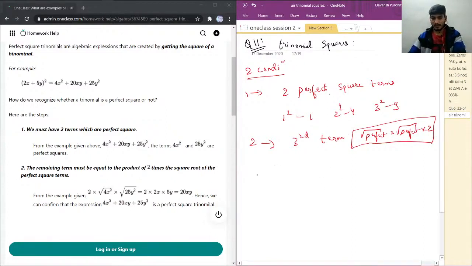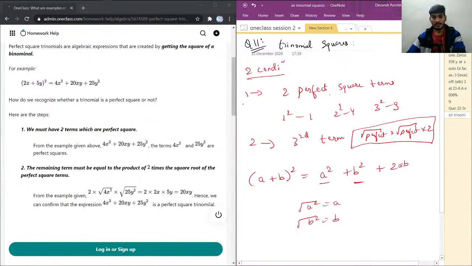So, for example, let's take the identity (a + b) whole square, which is a square plus b square plus 2ab. Here we can see that we have two perfect squares, because under root of a square will be a, under root of b square will be b.